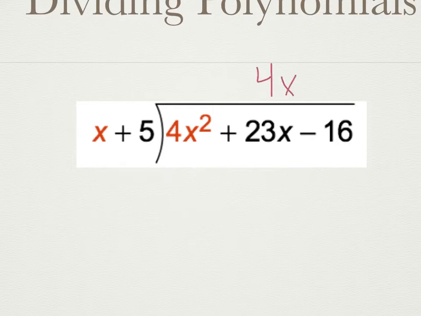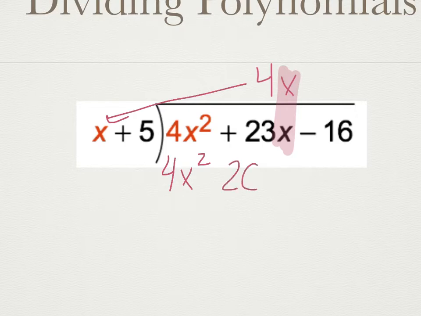So we're going to keep the x's on top of each other. So see how this has one x and this has one x, so we keep them on top there. So now we multiply 4x times x plus 5. So 4x times x is 4x squared, and then 4x times 5 is 20x.